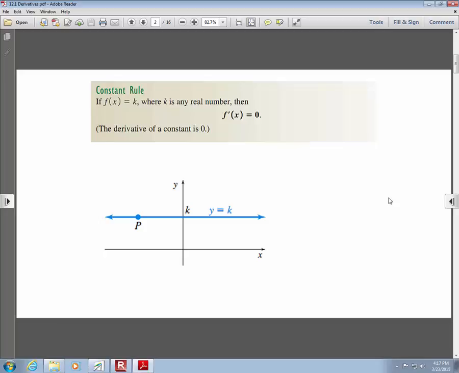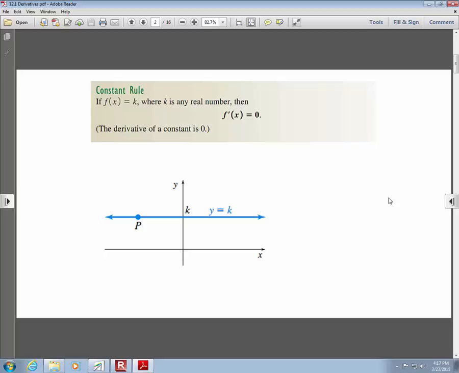Okay. So in derivatives, we got this first rule called the constant rule. It says if f of x is equal to k, where k is any real number, then the derivative of a constant is 0. Anytime I'm taking a derivative of a constant, see, a constant is a line, right?